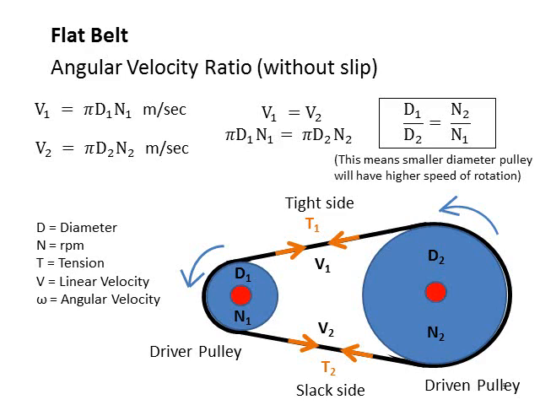So again I will repeat, the ratio of the diameter of the smaller pulley to the larger pulley will be equal to the RPM of the larger pulley divided by the RPM of the smaller pulley, and this relationship means the smaller diameter pulley will have the higher speed of rotation, or vice versa, the larger diameter pulley will have slower speed of rotation. So that's all from the topic of angular velocity without slip.